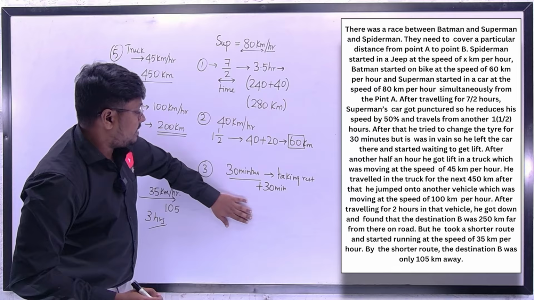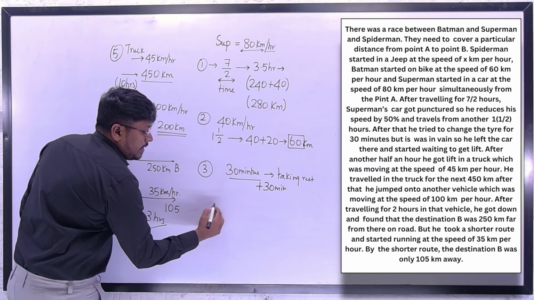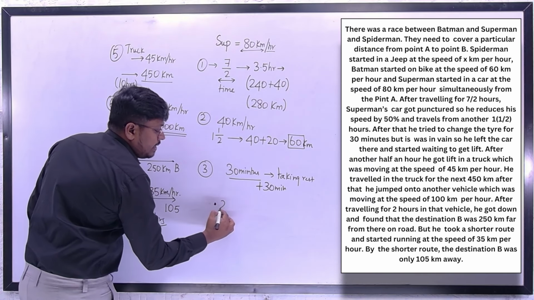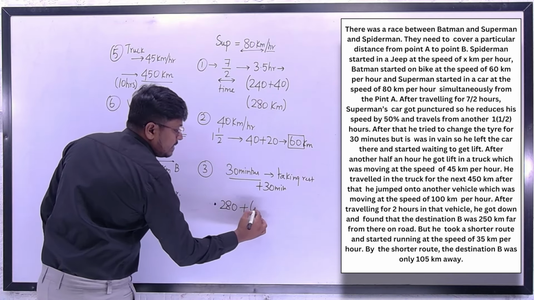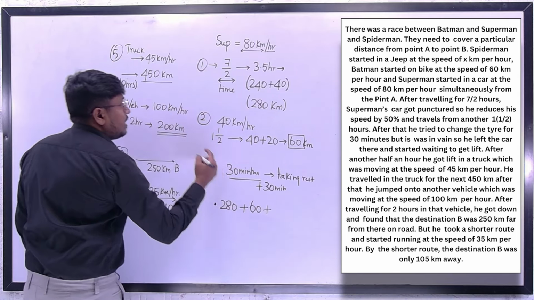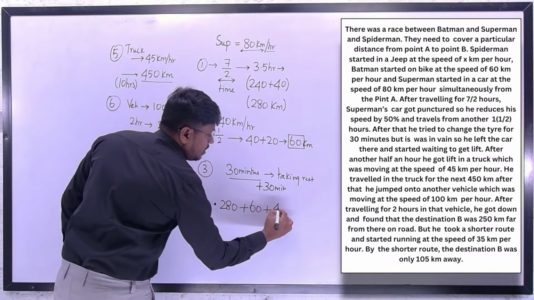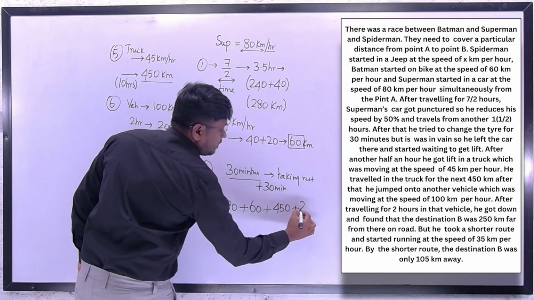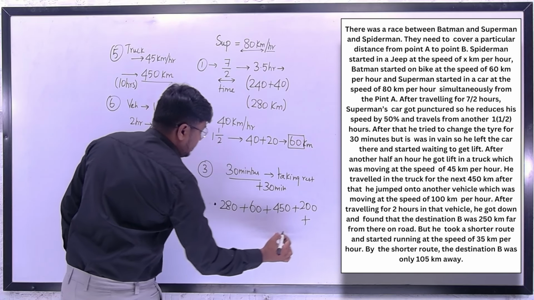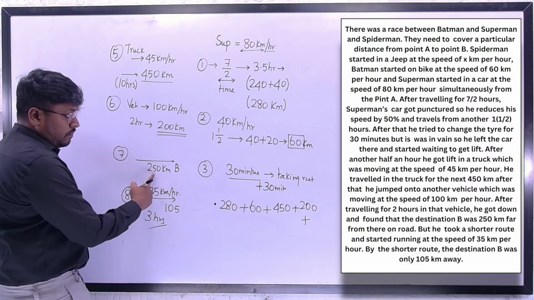Okay, so let's now take point A, right. From point A he is initially travelling 280, plus another 60, then plus another 450, plus another 200, right, and the total distance will include another 250.